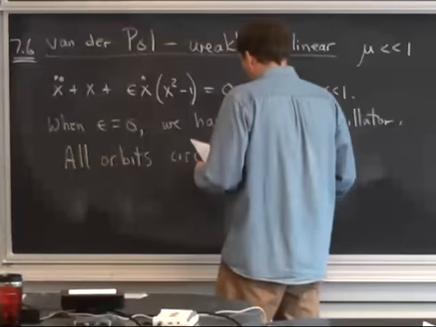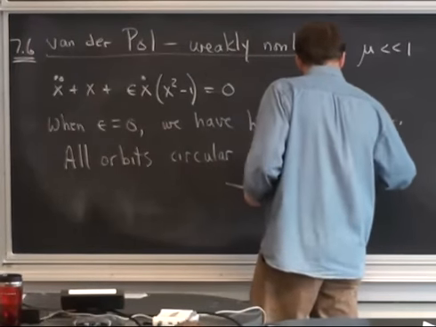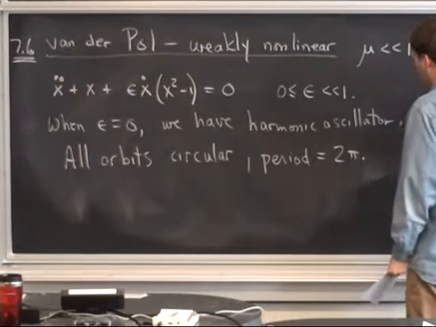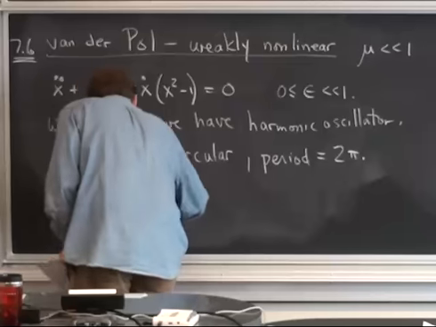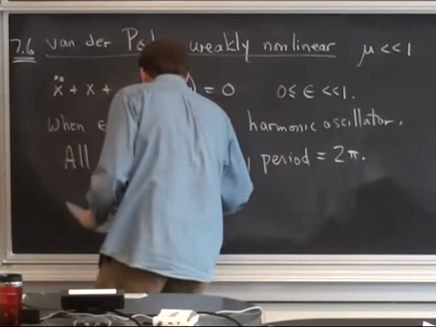And they have period exactly 2 pi. And if you want, by choosing the origin of time nicely, you can make it so that x of t is just a cosine t for some constant a.